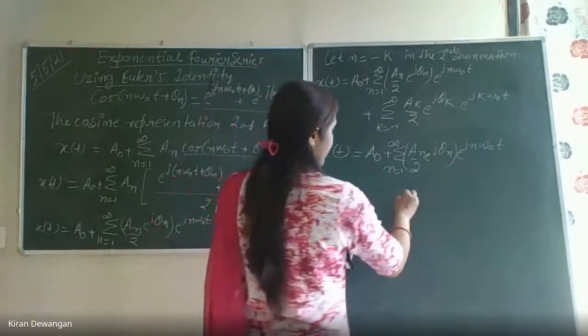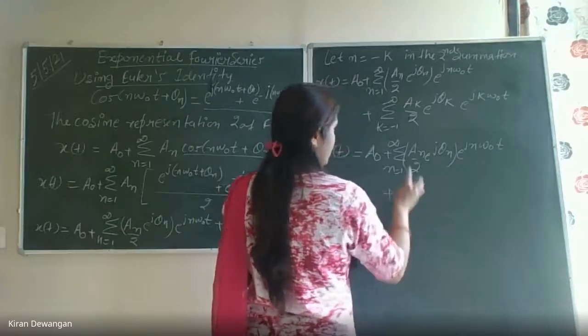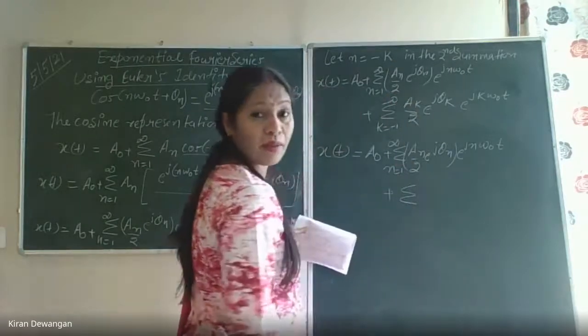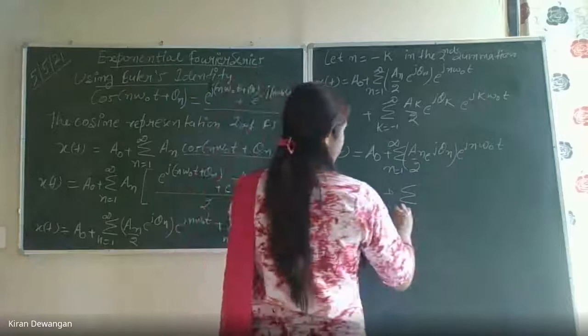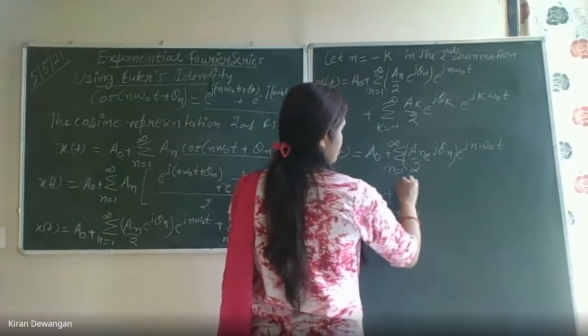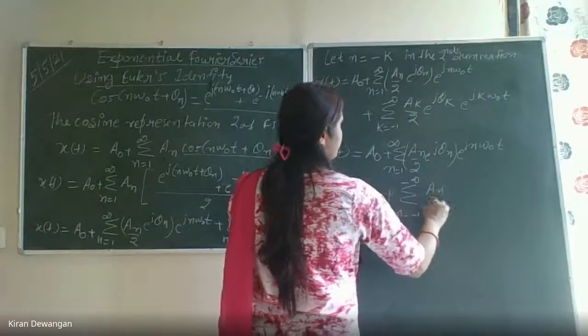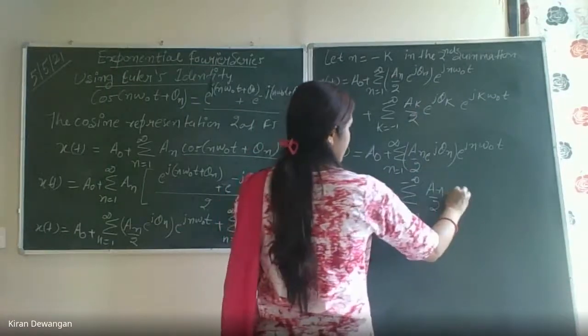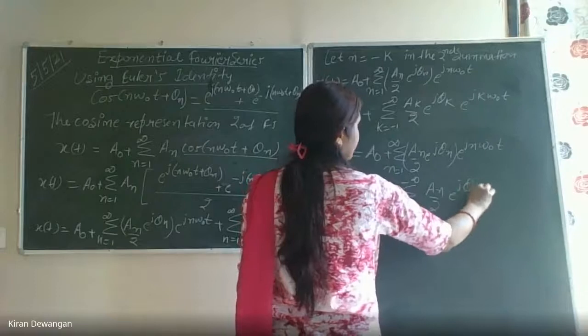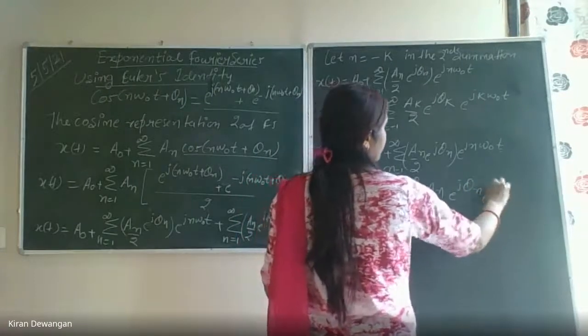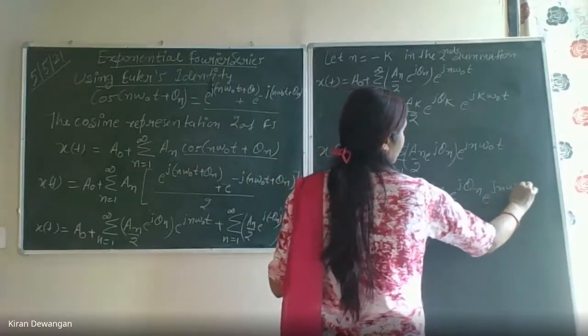Now I can even write it as plus summation, I'm just replacing k by n. Okay? This becomes n minus 1 to minus infinity an by 2 e to the power j theta n. Now this becomes e to the power j n omega naught t.